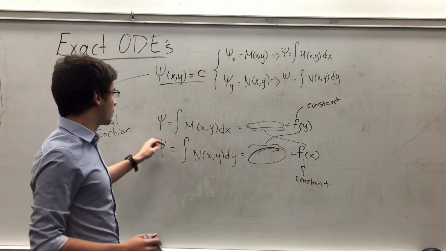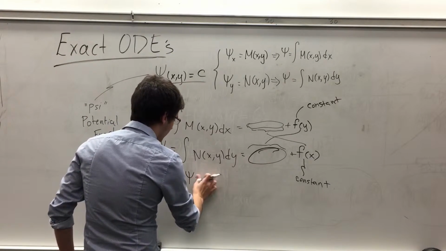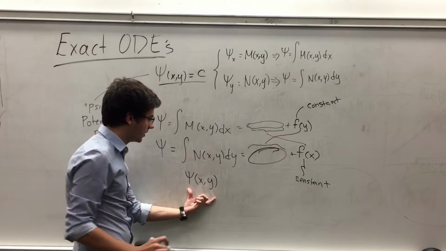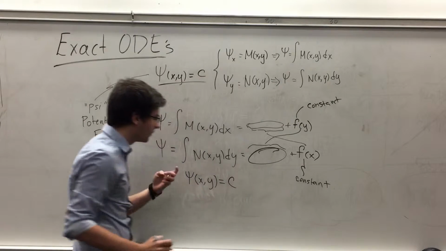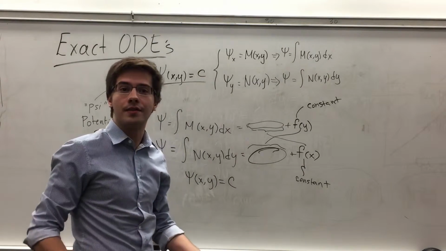And then, once we find our function psi in terms of x and y, we could say that this is equal to c. That's a theorem, and it really makes our lives easier.